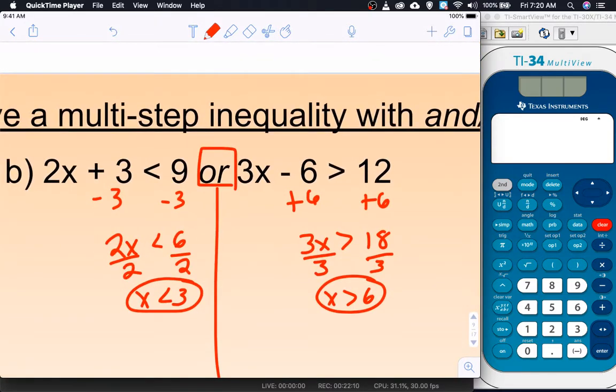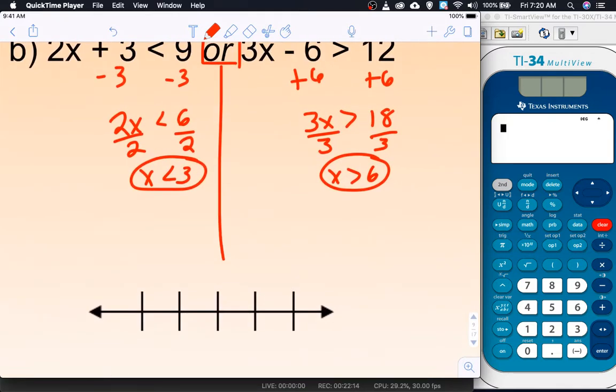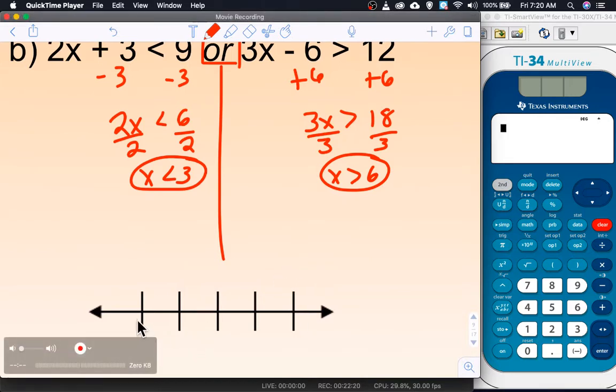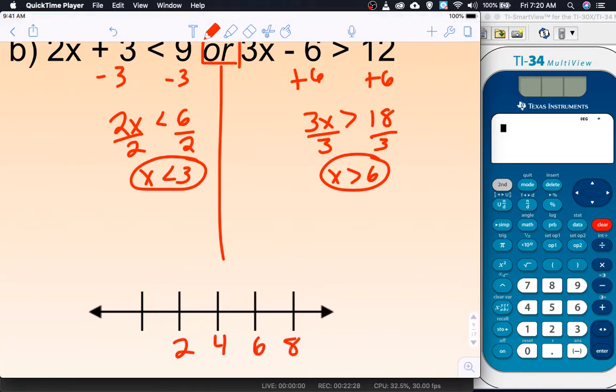So here are the 2 solutions. So now we just need to graph that on our number line. I'm thinking what numbers to put here, like 2, 4, 6, 8. I think would actually work fairly well. And 0. That would make a hollow dot at 3 right there, a hollow dot at 6 right there.